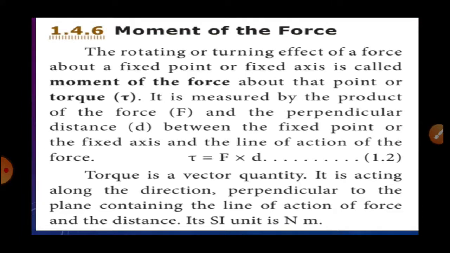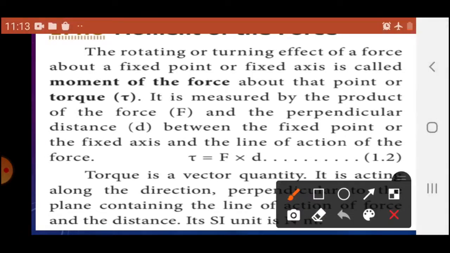The torque is a vector quantity and it acts along the direction perpendicular to the plane containing the line of action of force and the distance. And then, what is the unit of moment of force? Force oda unit Newton, distance na meter, so Newton meter.